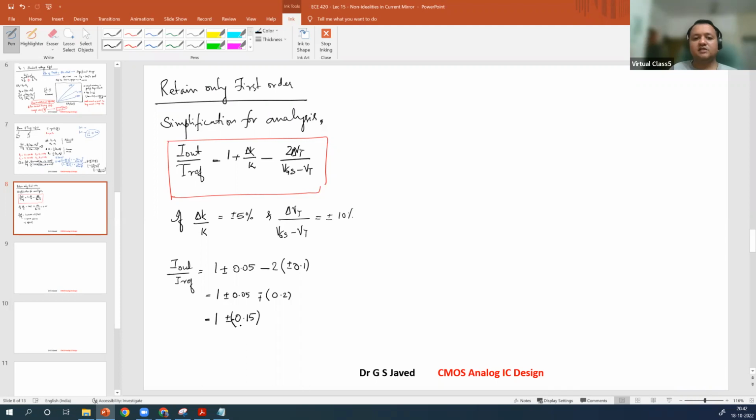So 1 plus minus 0.15, or this would be 1 minus plus 0.15. That means there is going to be a 15% change, or max error. Max error is going to be 15% with the tolerances that are provided. If you've got delta K and delta VT in this range, then your delta Iout by Iref will have a 15% change.